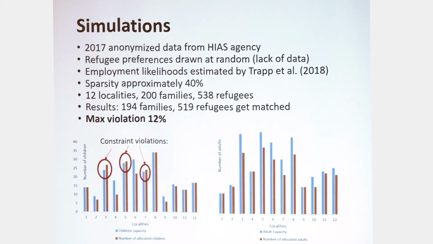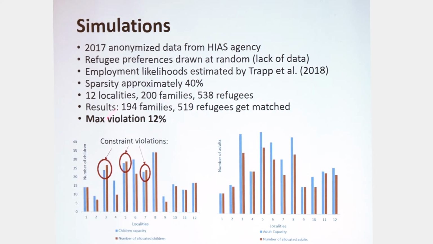The employment likelihoods are estimated using the paper by Chaff et al. In this data set, the sparsity is approximately 40%. There are 12 localities, 200 families, and 538 refugees.